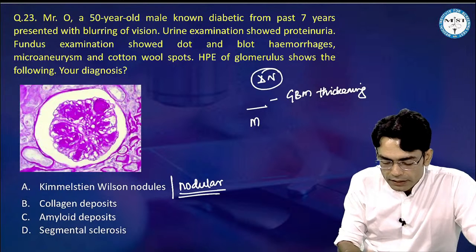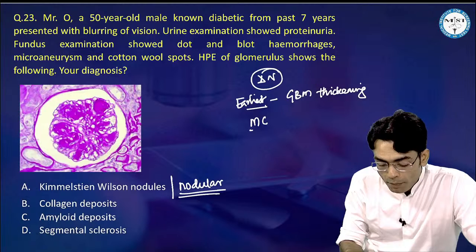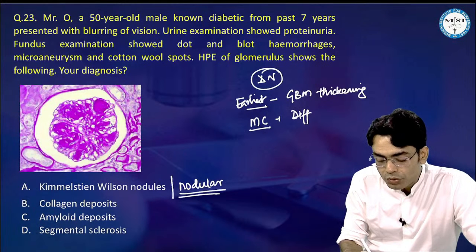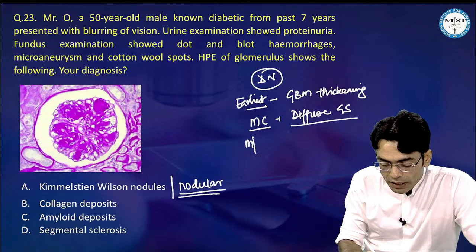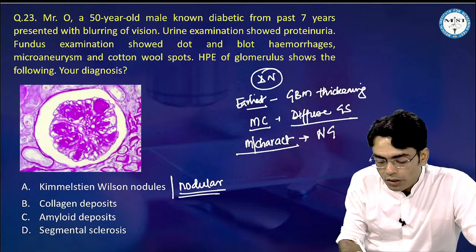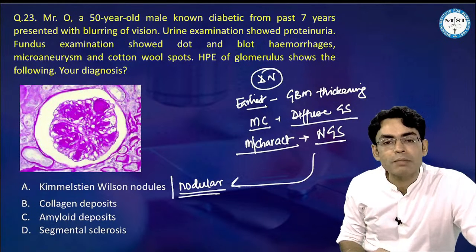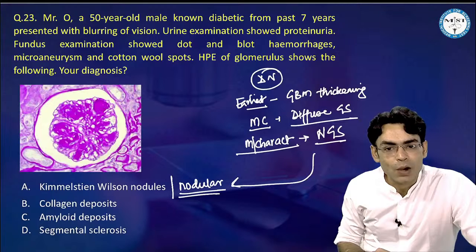I'm very sorry, the earliest finding is glomerular basement membrane thickening. The most common finding, if somebody asks you, is your diffuse glomerulosclerosis. And when somebody is talking about the most characteristic finding, then it is going to be nodular glomerulosclerosis, which is your Kimmelstiel-Wilson lesion.